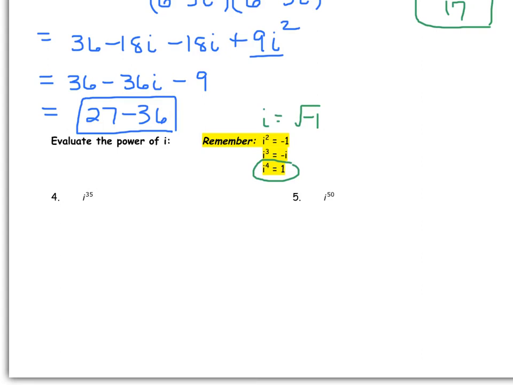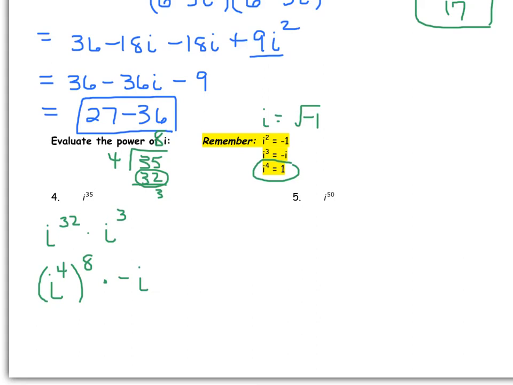So for example, 35 divides by 4 8 times. And there's 3 left over. So I can write the power of i to the 35th as i to the 32nd times i to the 3rd. i to the 32nd is just i to the 4th raised to the 8th. And i to the 3rd, from what we see from our chart, is minus i.